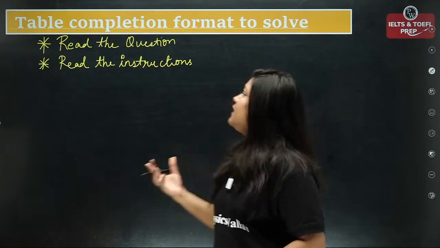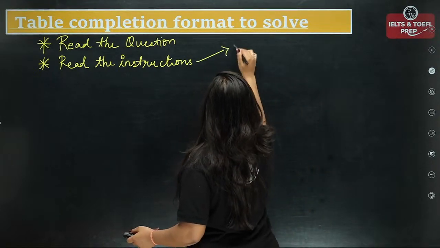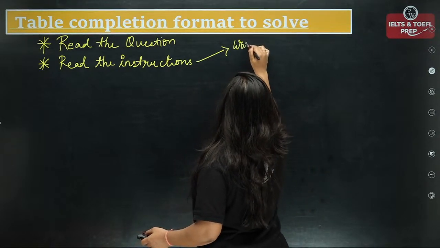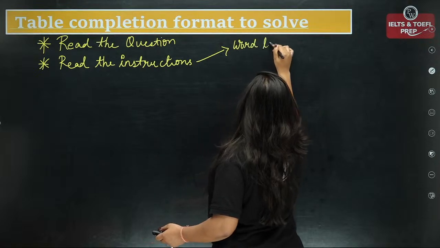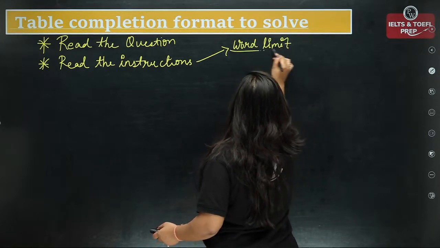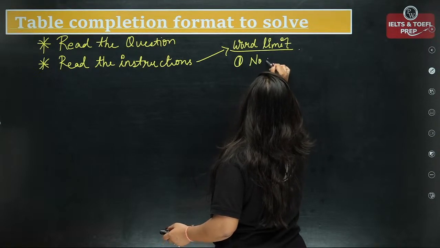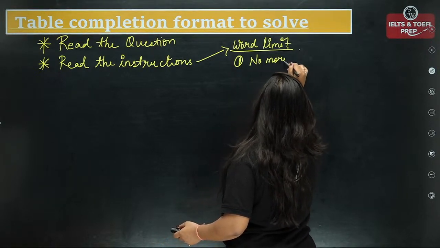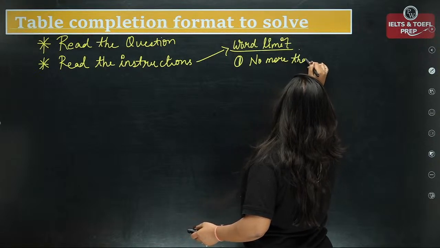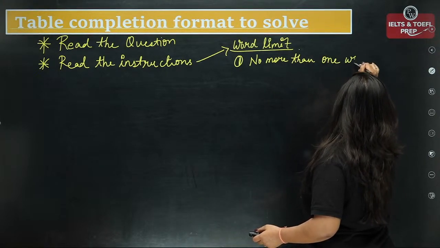At the same time, there are numerous instructions. Let me give you a clear example. If I talk about word limits, we have, for example, "no more than one word."